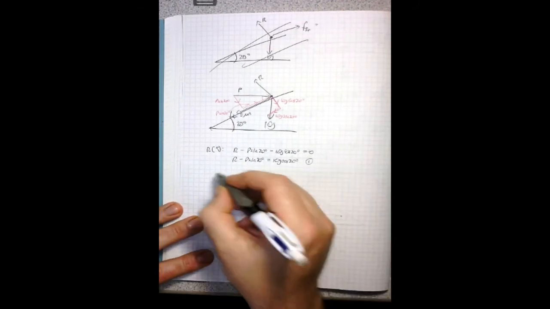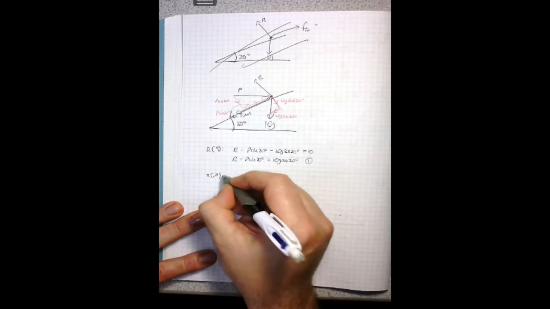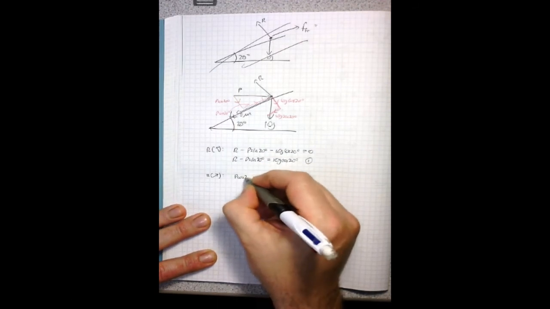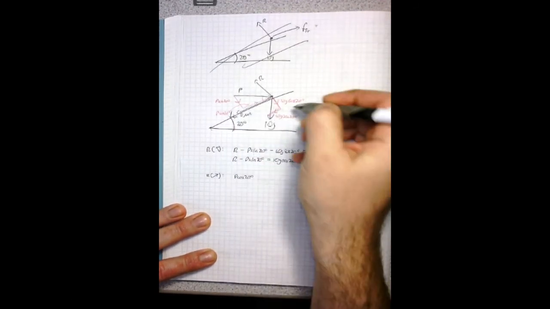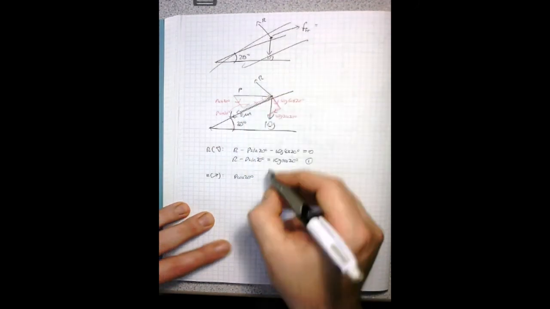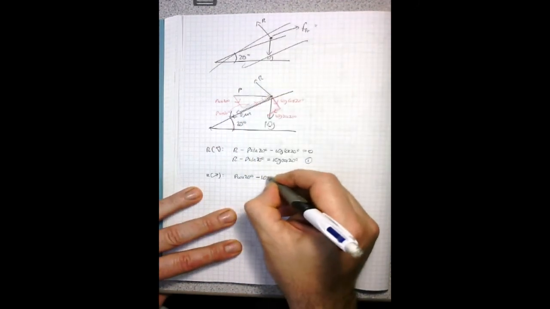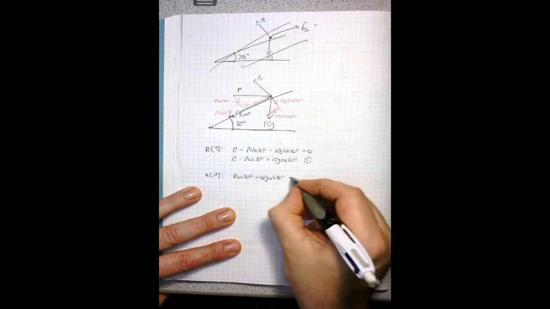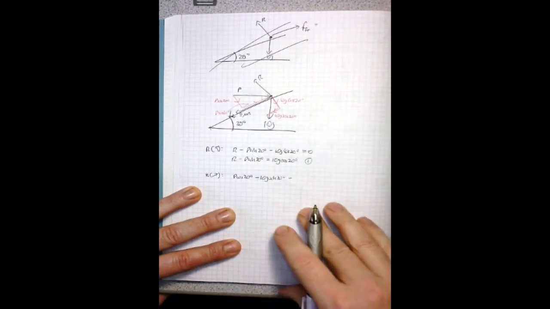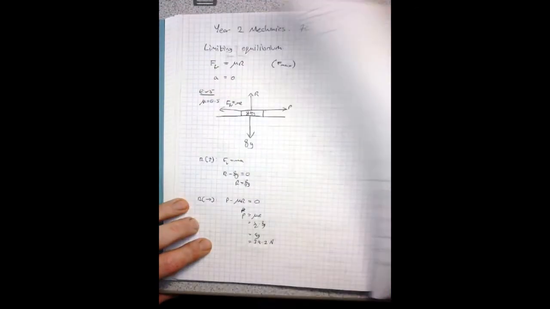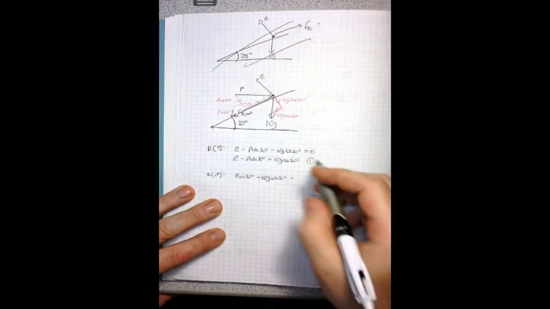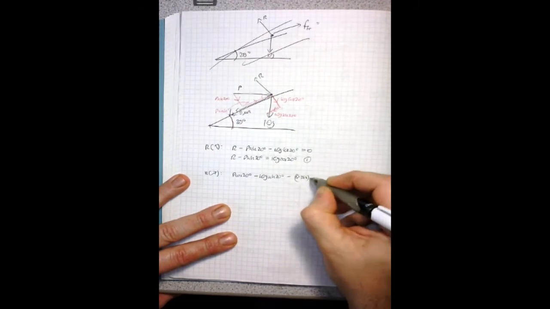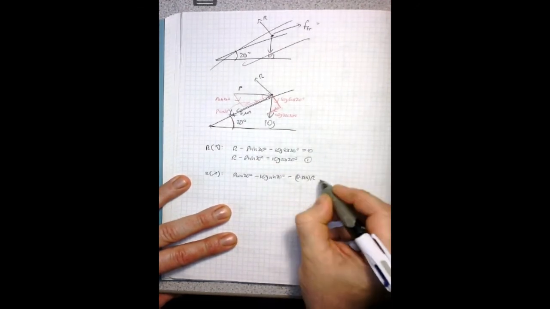And to resolve up the slope, I've got P cos 20 going up the slope and weight and friction acting down the slope, so minus 10g sine 20 minus mu that I had before, which was 0.364, times R, and I'm still in equilibrium.